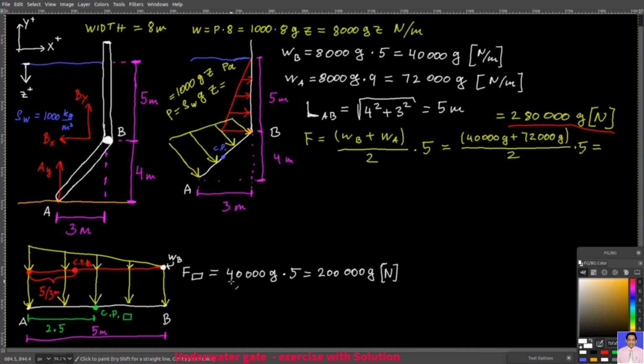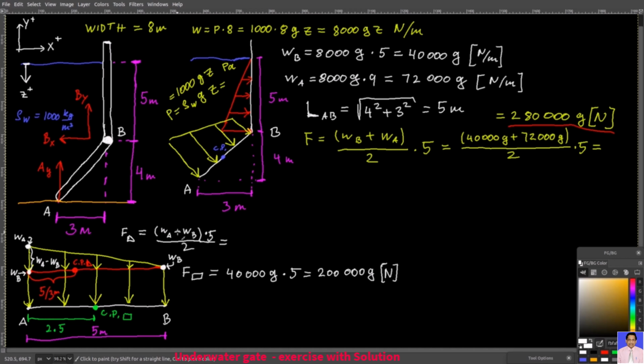newtons. And then the total force due to the triangular section is the area of this triangle. Now if this point here is your WB, and this point here is your WA, then their difference is WA minus WB. So the force from the triangular pressure distribution is going to be WA minus WB times 5 divided by 2.